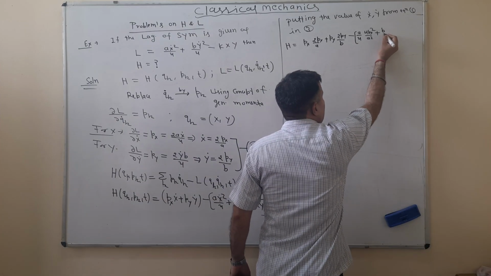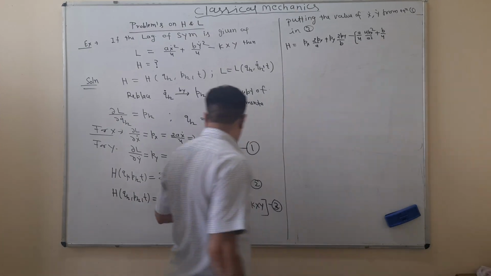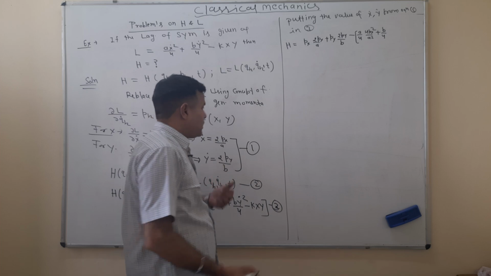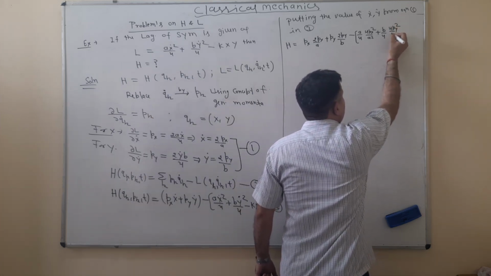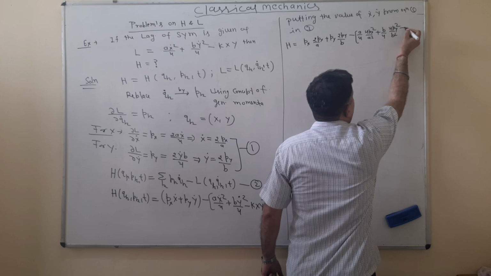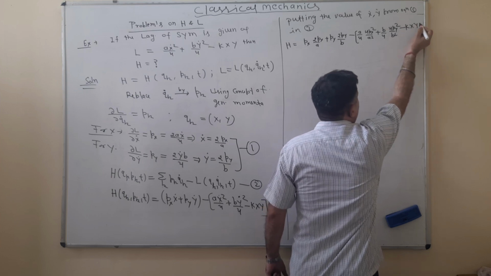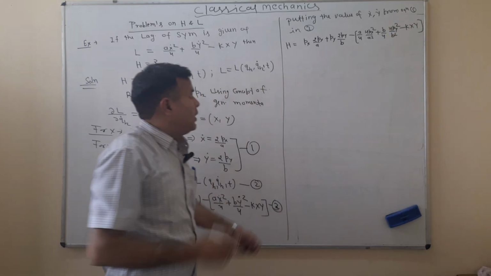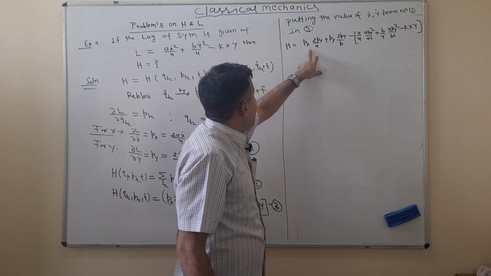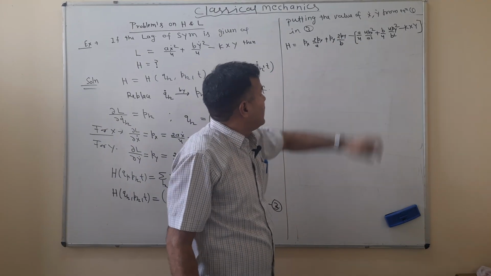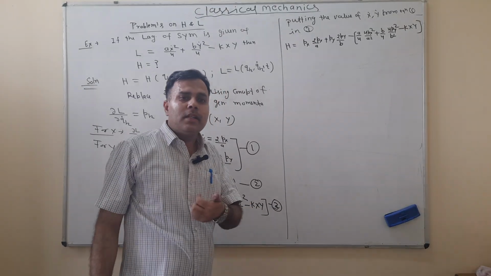So y dot square is 4 py square by b square, minus of kx y. Now see, our Hamiltonian is only in terms of generalized coordinate and generalized momenta.